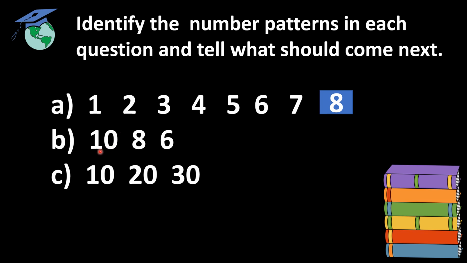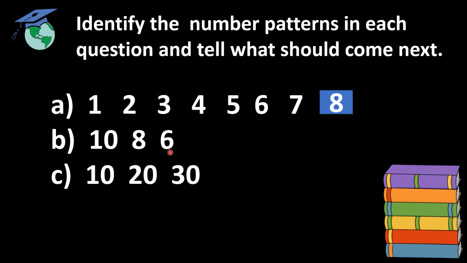So we will see what number comes before the number 10. Before 10 is the number 9. We will skip the number 9 and we will write the number 8. So before 8 is 7. We will skip the number 7 and we will write the number 6.